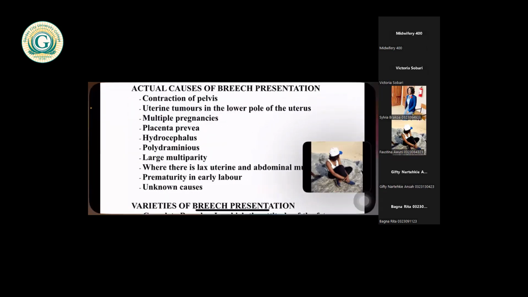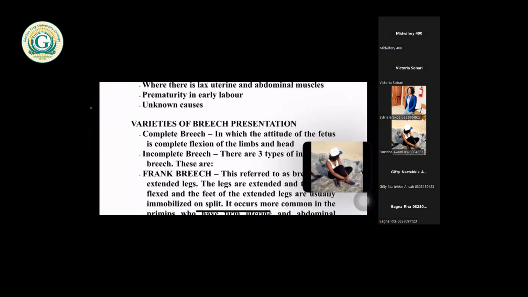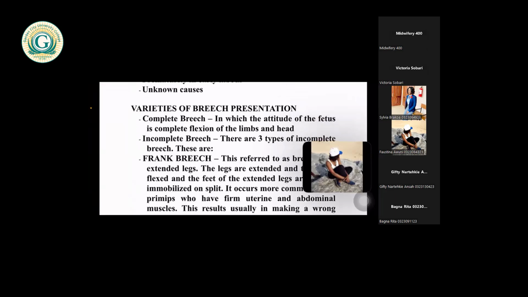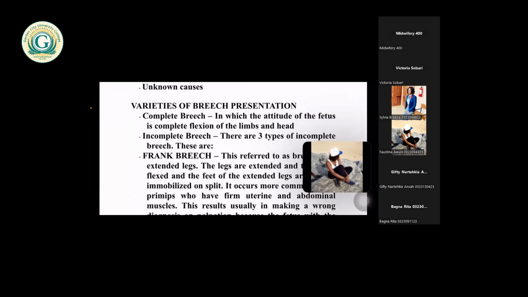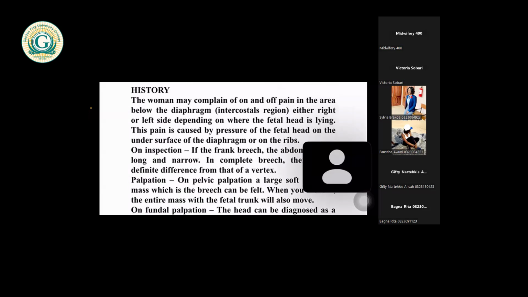Okay, Sylvia, let's continue. So when you look at the types of breech, we have the complete one. And it says in this type of presentation, the attitude of the fetus is complete flexion of the limbs and the head. So with that one, the hips and knees are flexed and the feet are tucked in beside the bottom. Which I have the picture to show us.